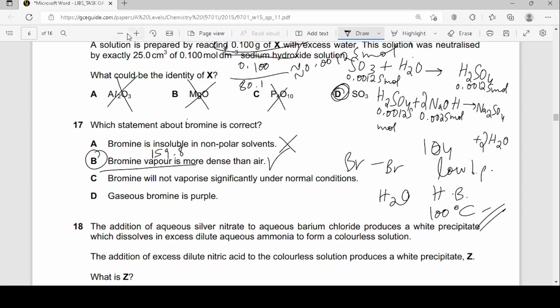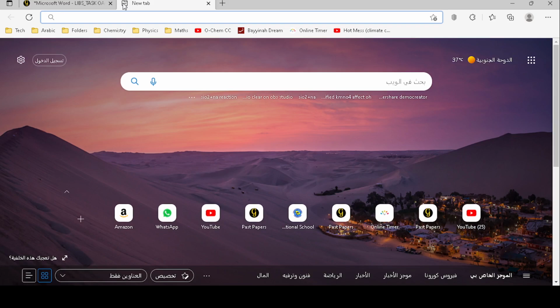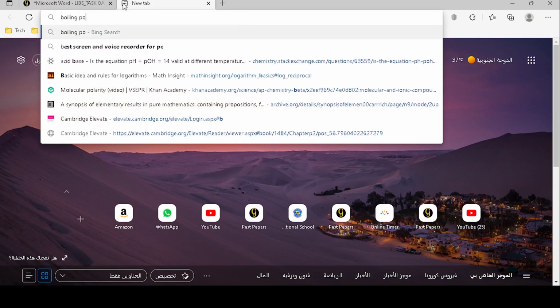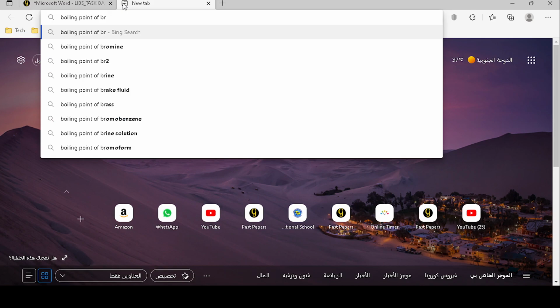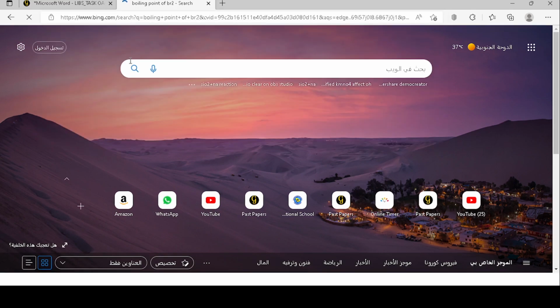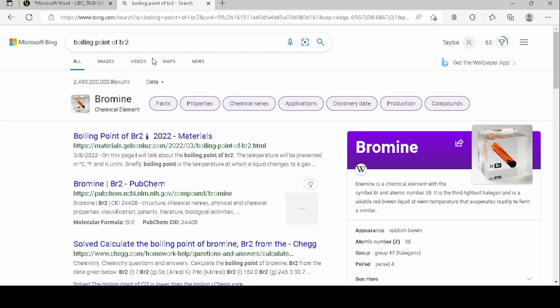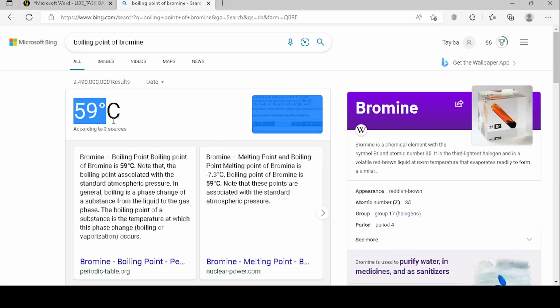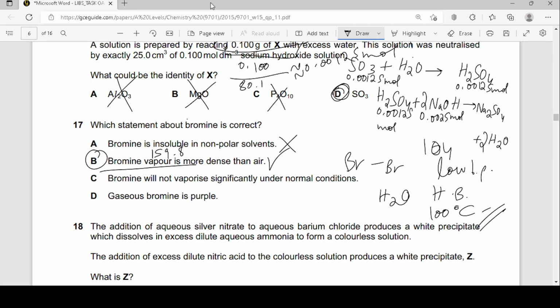Now if I check the boiling point of Br2, or should I say bromine, that's 59 degrees Celsius, which is much lower than 100 degrees Celsius, is it not? So why would it not vaporize significantly under normal conditions? I don't know why. And evaporation will still happen, won't it, if you're not even talking about boiling.